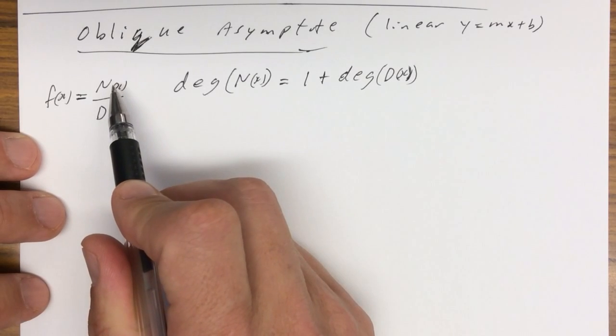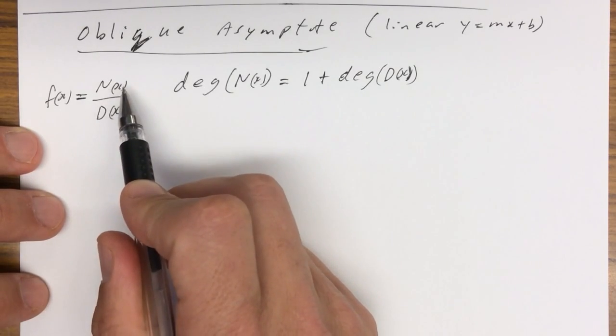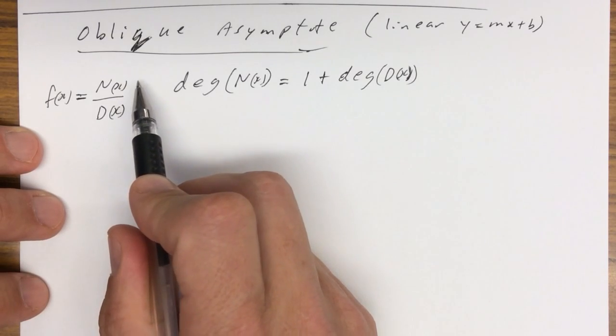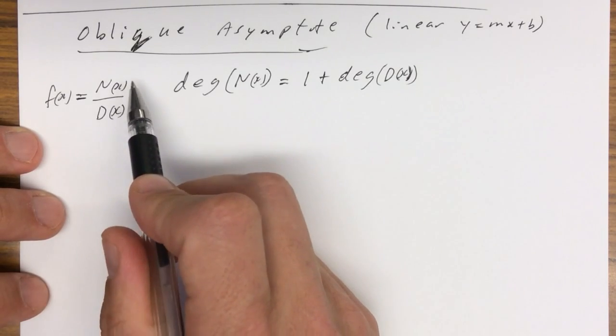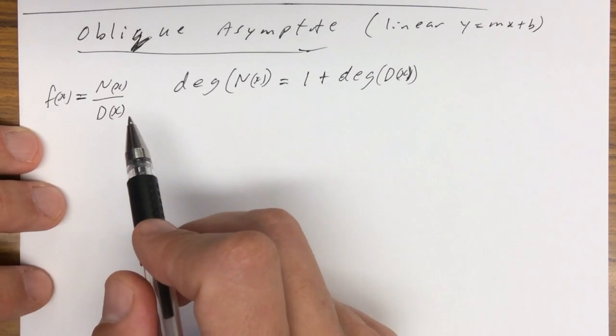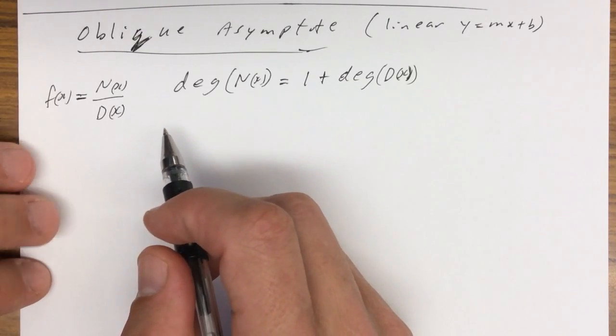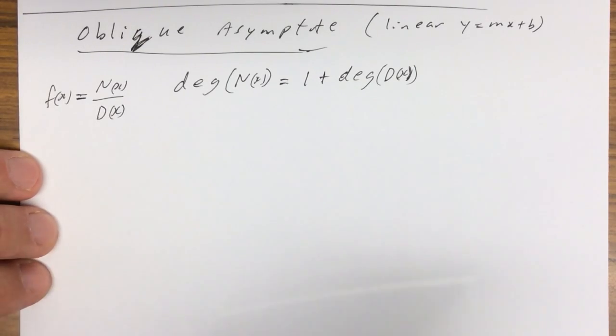For example, if you divide a cubic by a quadratic, you will get a linear answer. If you divide a quintic by a quartic, a degree 5 by a degree 4, you'll get a linear answer. And so the function behaves like those lines as x goes to infinity or negative infinity.